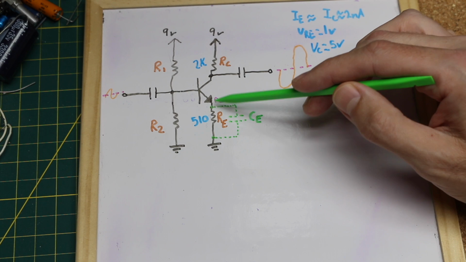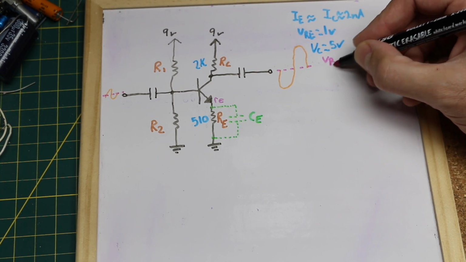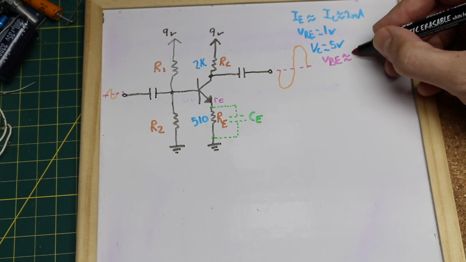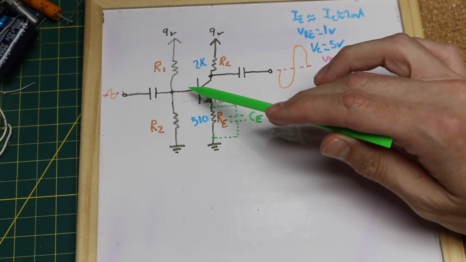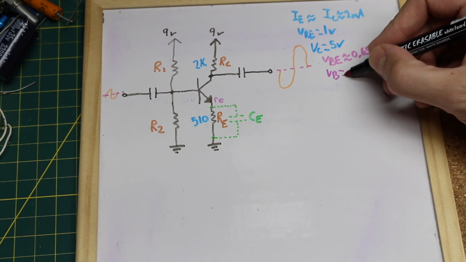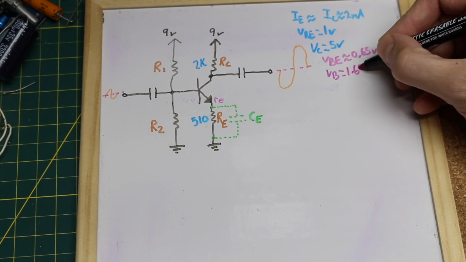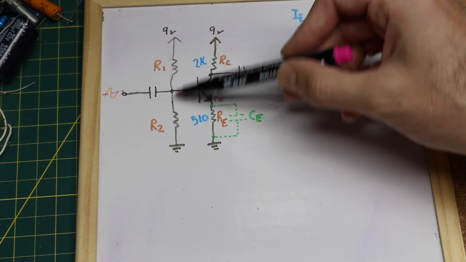We now have 1 volt at the emitter, and the voltage at the base emitter junction is around 0.65 volts. So the voltage at the base is going to be around the emitter 1 volt plus 0.65, so the voltage across R2 is 1.65 volts.